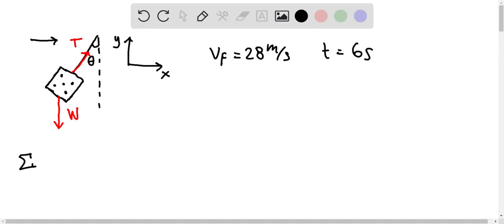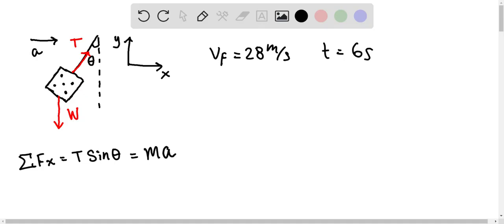Summing the forces in the x component, we have the tension times sine of theta, because the angle is with respect to the vertical, and because the car is moving in the horizontal way, along the x axis, so we will have an acceleration in this component.